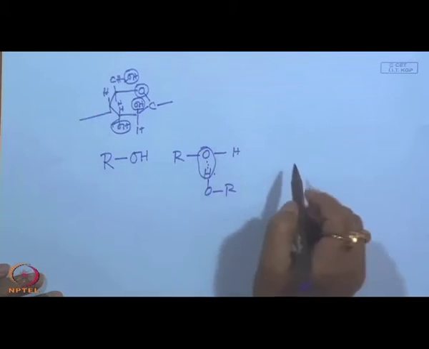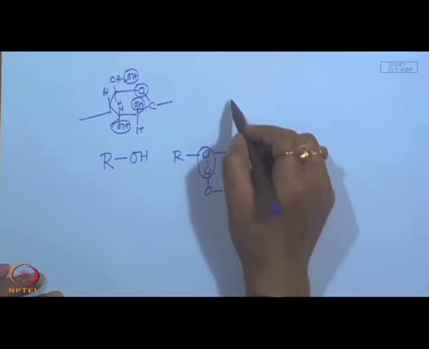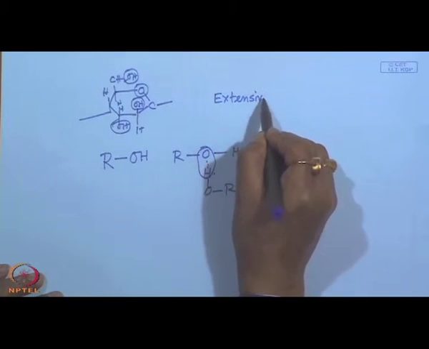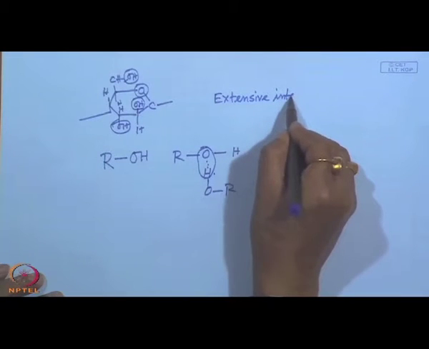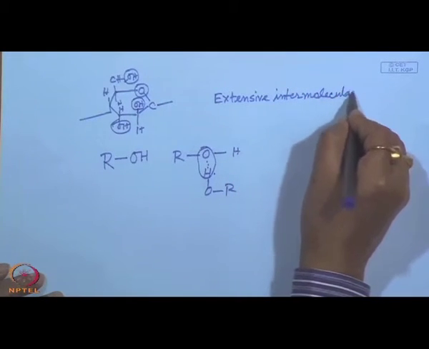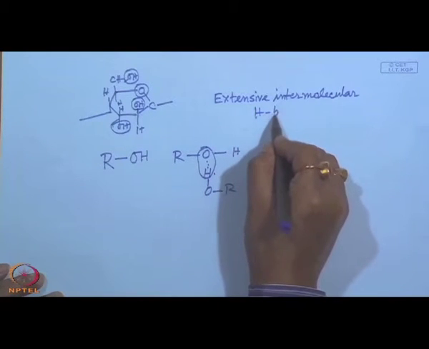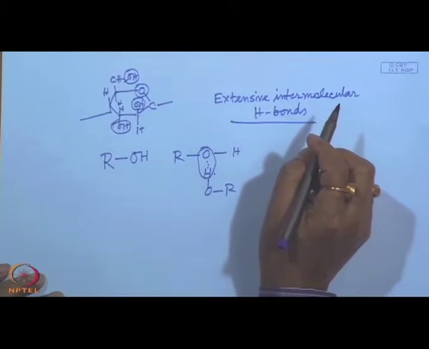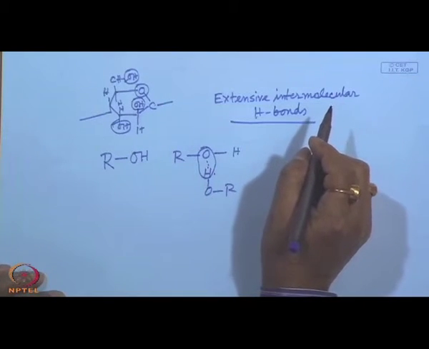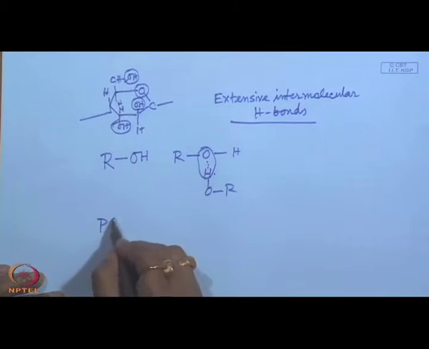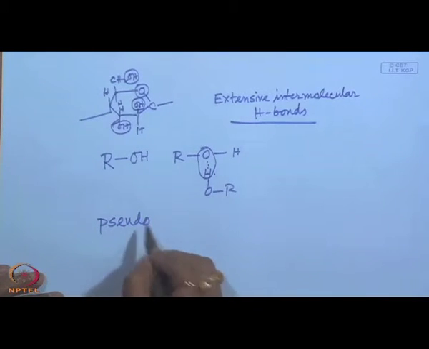So, in case of cellulose there are extensive intermolecular hydrogen bonds. Now, these intermolecular hydrogen bonds present in cellulose behave like pseudo cross link bonds.